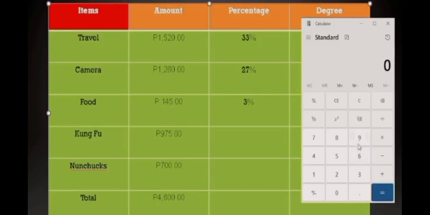The amount of Kung Fu is 975 divided by 4,600 pesos, which is 0.21 or 21%. Next is nunchucks. The amount of nunchucks is 700 pesos divided by the total amount, 15%.